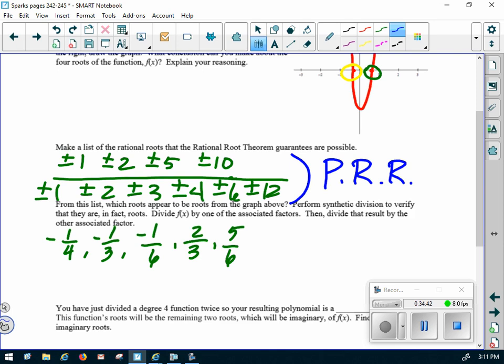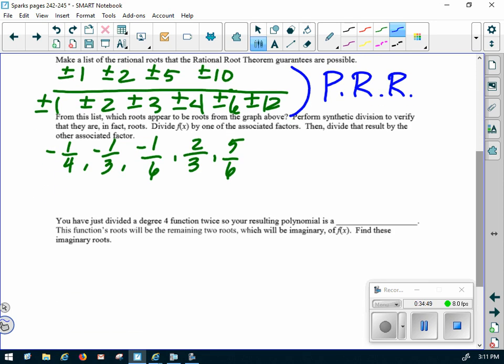Those are the possible rational roots. And we're going to call these highly possible rational roots. You're only going to worry about the highly possible list. The rest of it, all right.